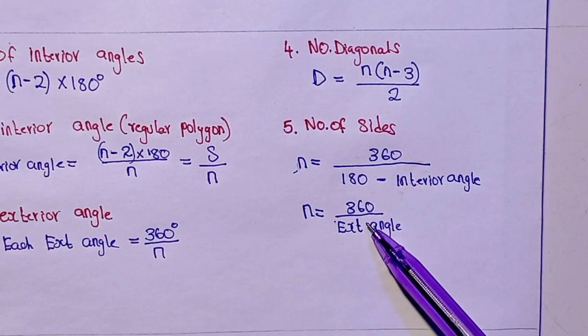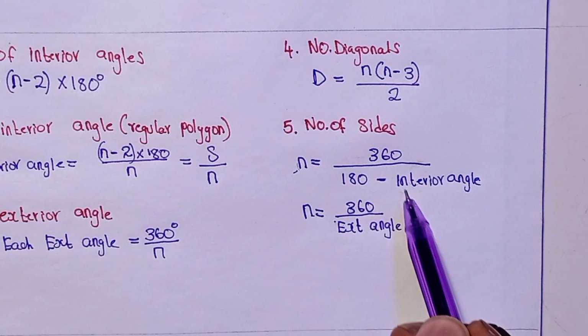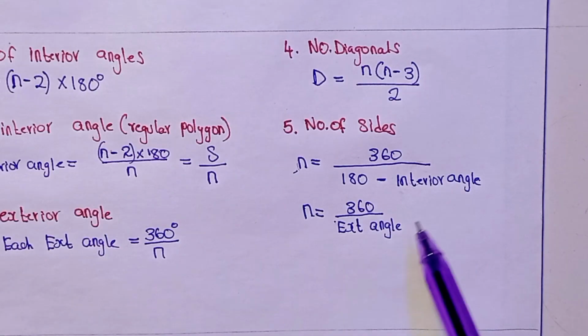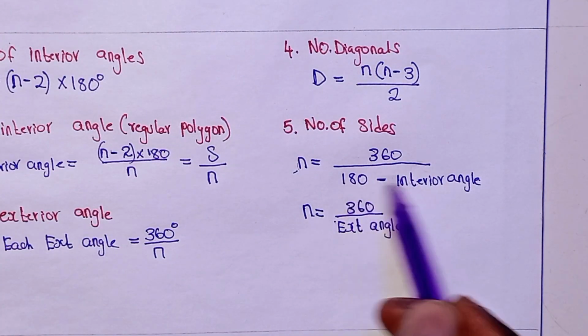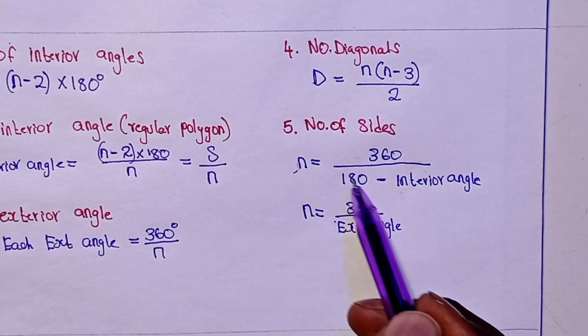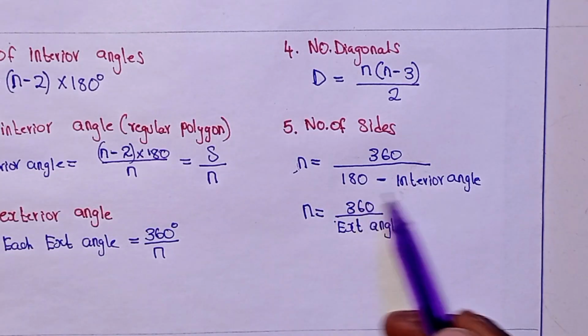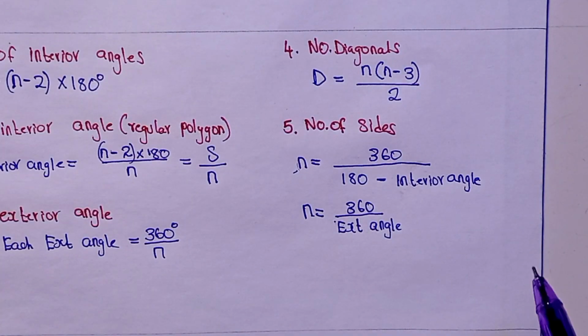So this is the same as this, but it is simple and clear if we know this formula directly, that it is 360 divided by 180 minus the interior angle. But 180 minus the interior angle is the same as the exterior angle.